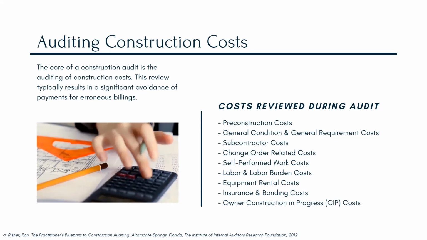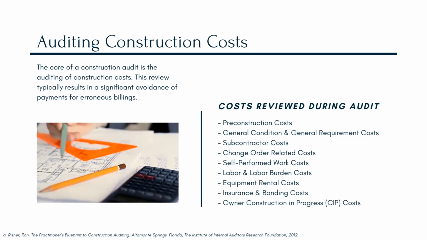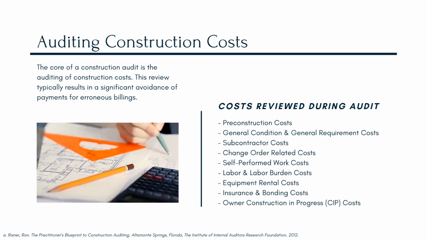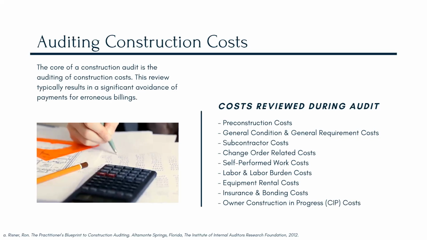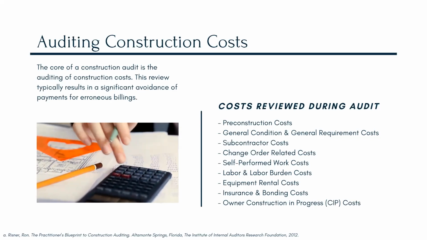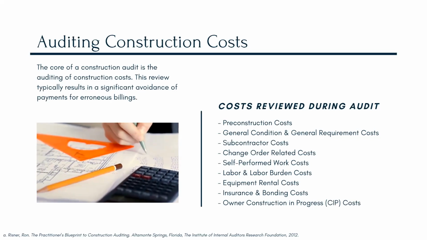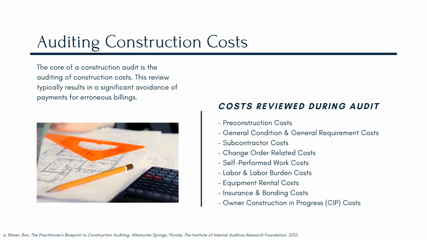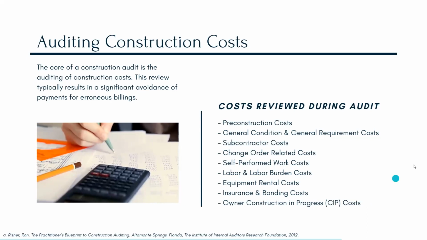In a guaranteed maximum price contract, a change order might not even affect the final outcome of the cost because it's all cost based anyways. It just changes the scope of the project that's going to be performed. From an audit perspective, when we're auditing change orders, we begin with, if available, the change order log of the entire project, if it's a post-pay environment.